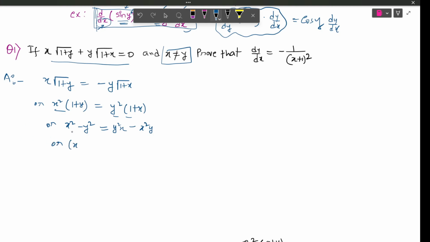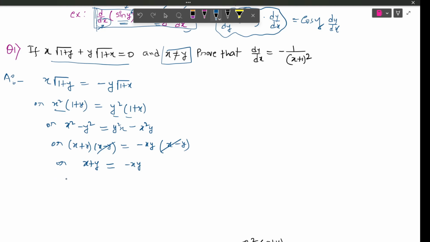Now this is a square minus b square format. So this is x plus y into x minus y, and take minus xy common from this. So it will be x minus y. Cancel the term x minus y. It will be x plus y equals minus xy.